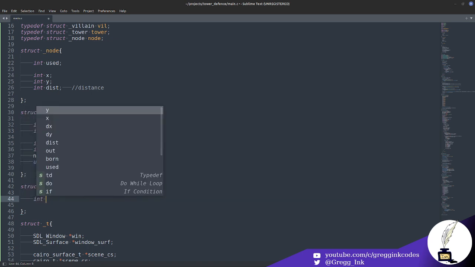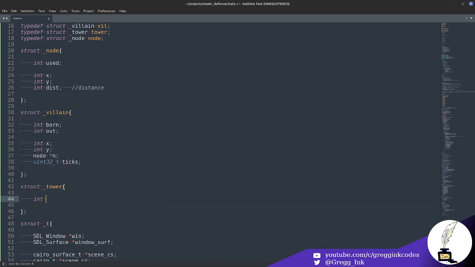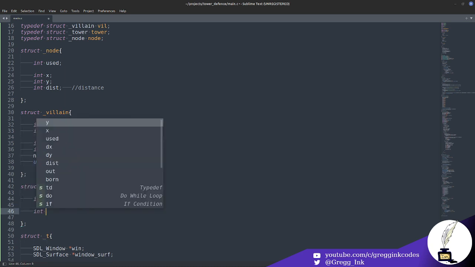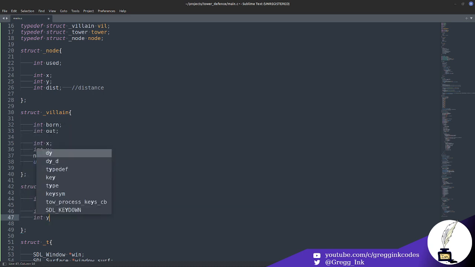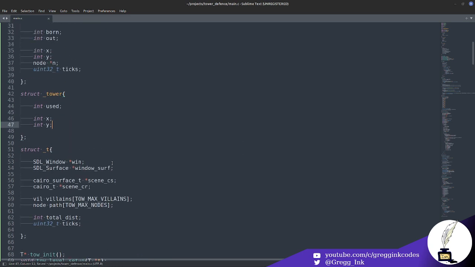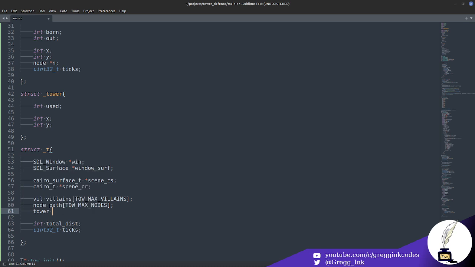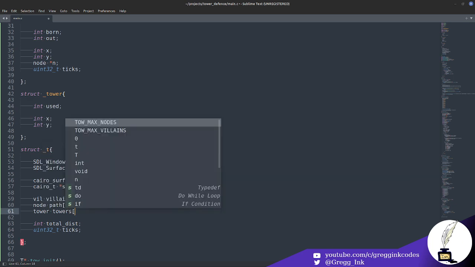Okay, so int used and int x and int y. Now, there we are. And towers, just to be original.